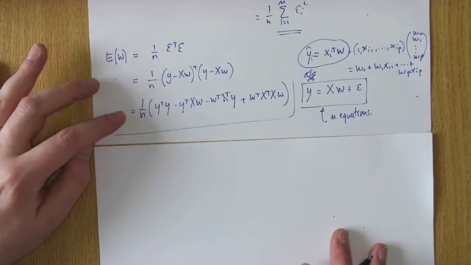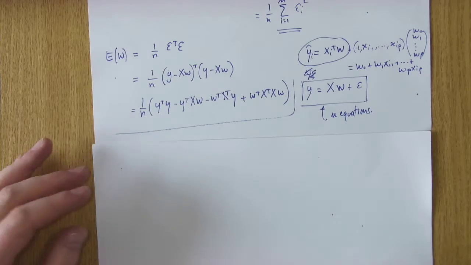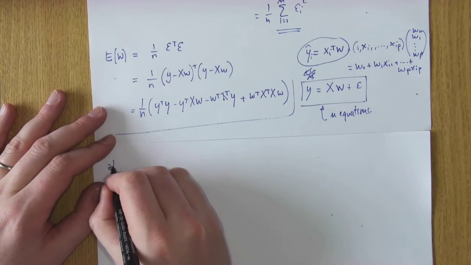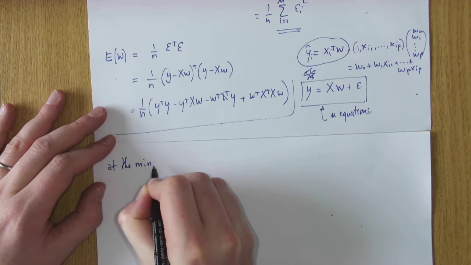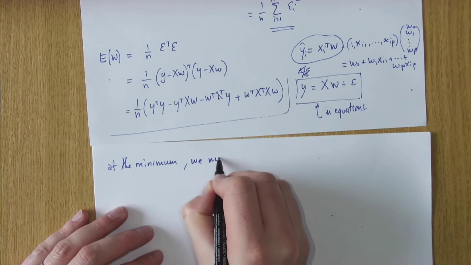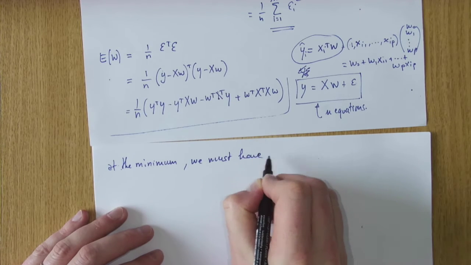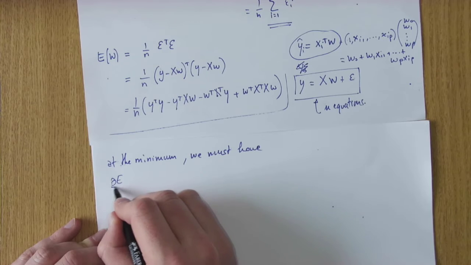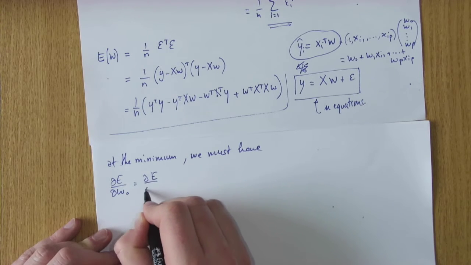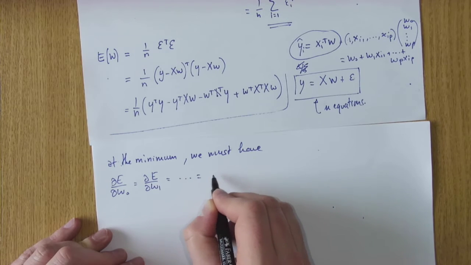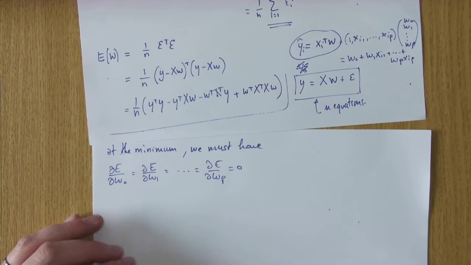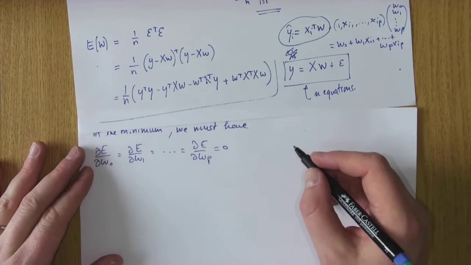Now, the same way we said that a necessary condition to reach the minimum is that at the minimum we must have the partial derivative for each of the weights equal to 0. Okay, this is necessary, and remember the argument goes like so.